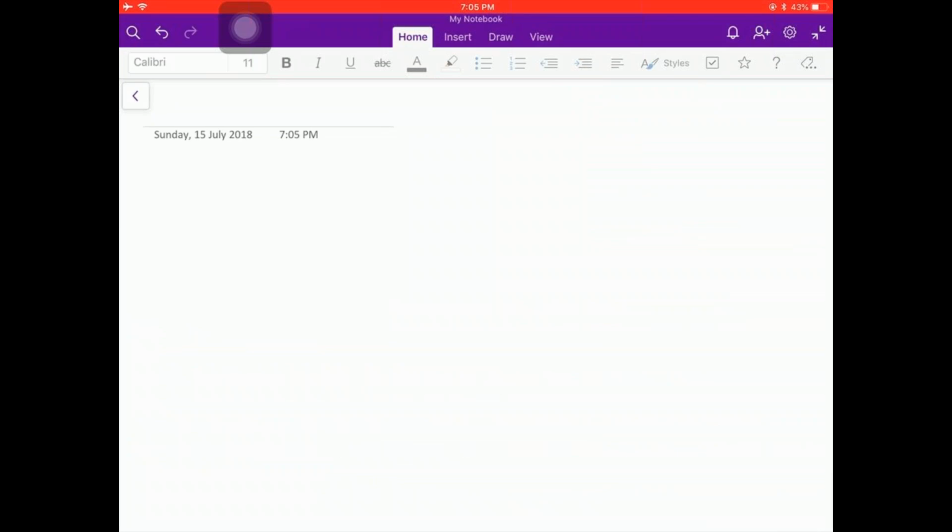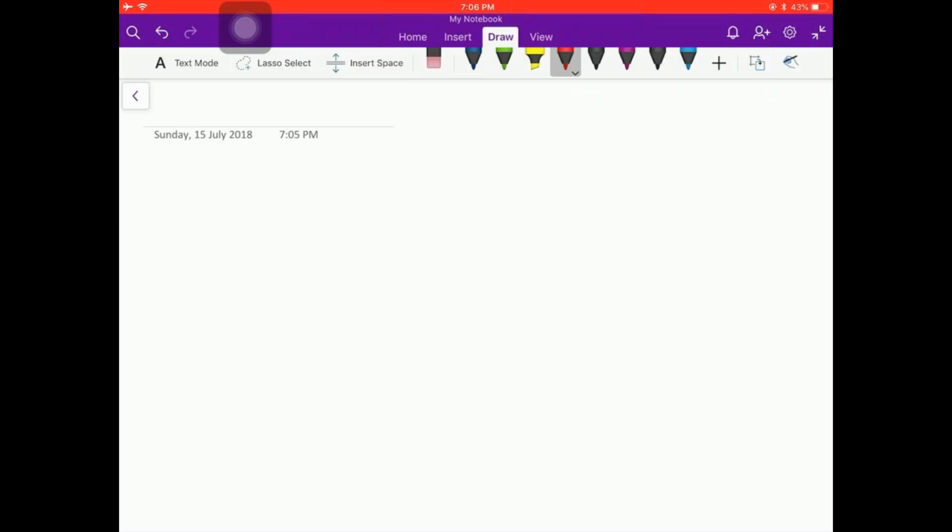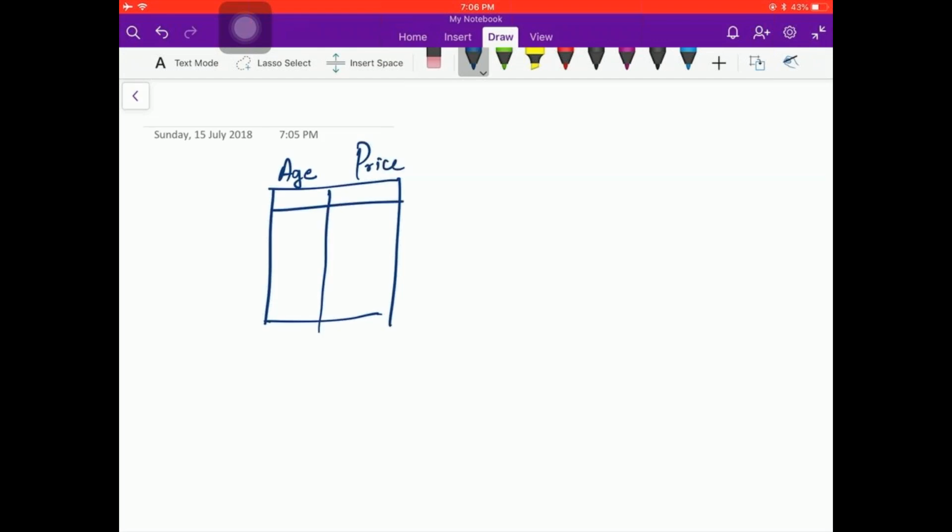So, for example, you have your data set like this. Now, for example, I do a decision tree and I say age greater than, say, 35.